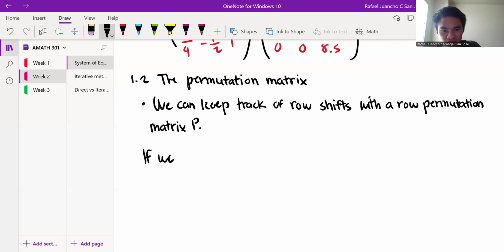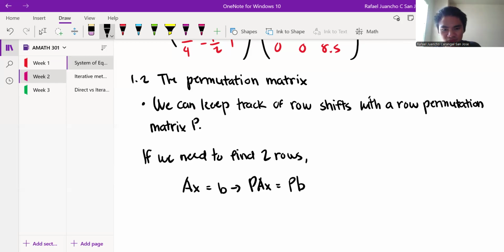So if we need to swap two rows, then we basically do this. Here's the system that we want, AX equals B, and we multiply the permutation matrix to both sides. And then we do an LU decomposition.